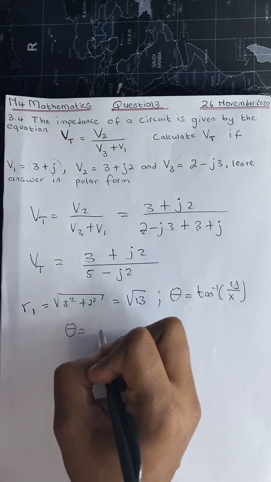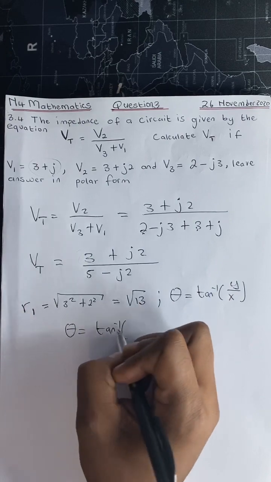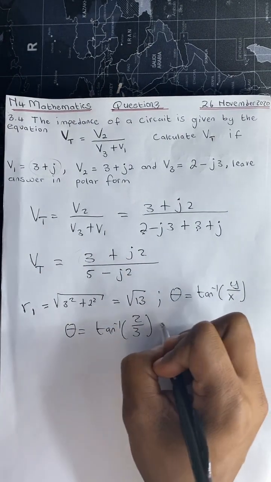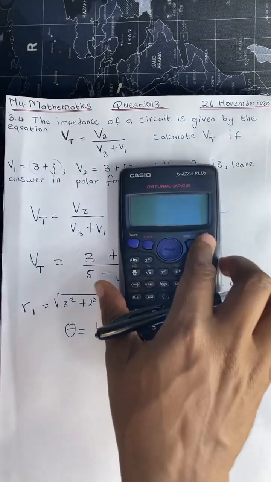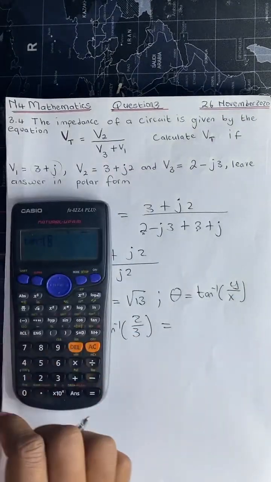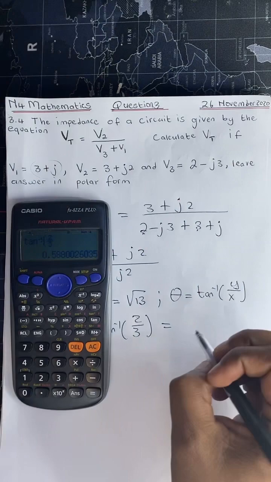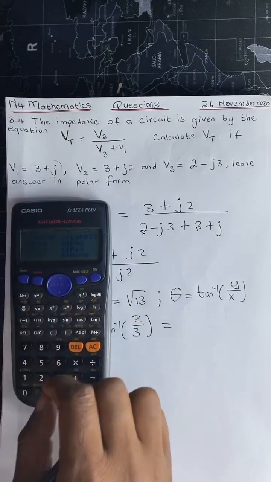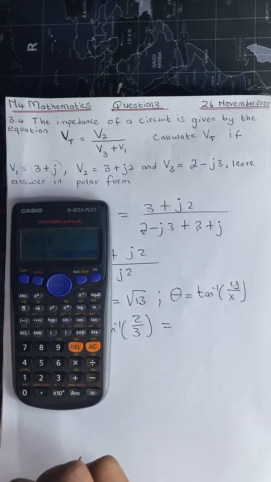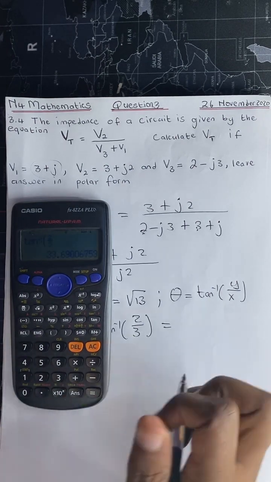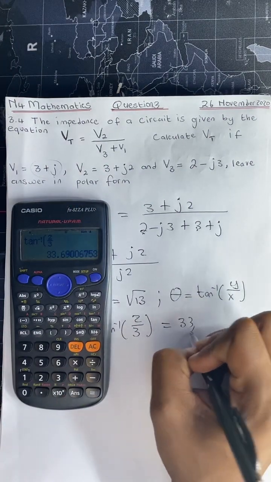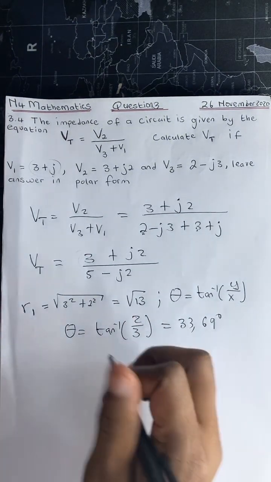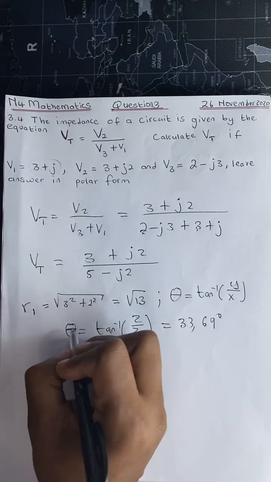So theta will be equal to arctan of the opposite, which is the 2, over the adjacent, which is the 3. So arctan of 2 over 3 is equal to, okay, this is in radians, so we have to convert to degrees. So this will be equal to 33.69 degrees. So we have to remember to convert our calculators to degrees.